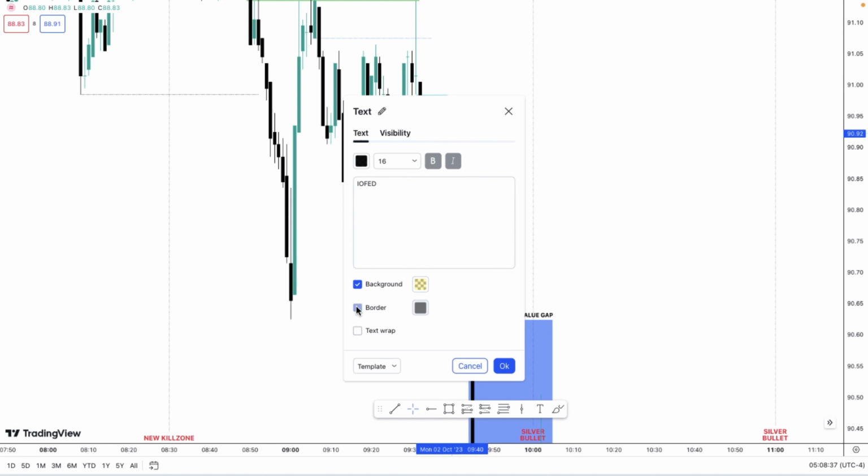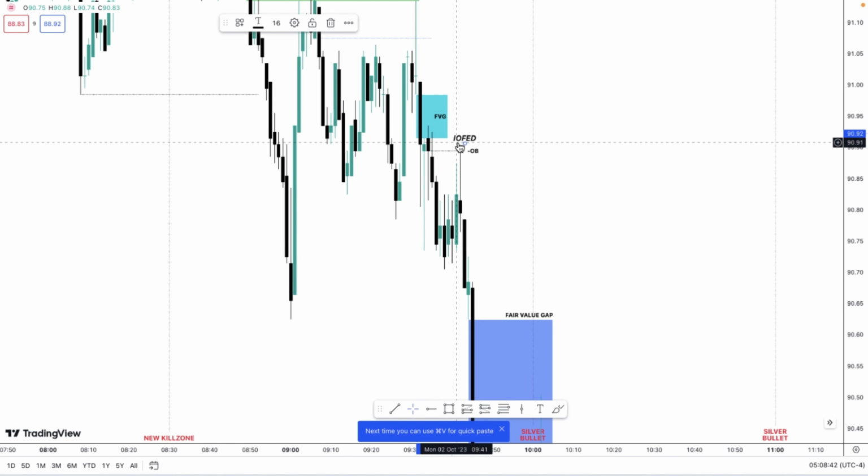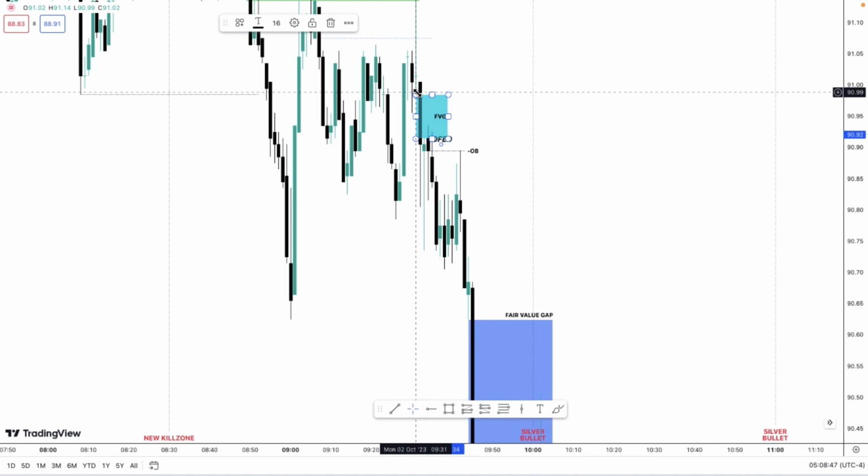So in ICT's videos, if you see him put this, it means institutional order flow entry drill. It's when price is so bearish that you expect this fair value gap to stay open. So you only want price to stay to at the very maximum the consequent encroachment of the fair value gap. So that's a model on its own, the institutional order flow entry drill.